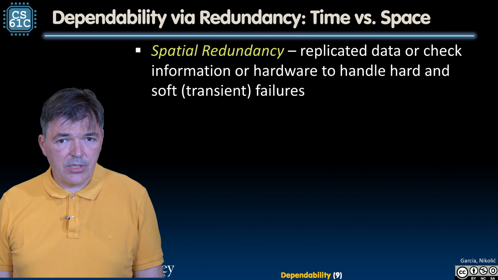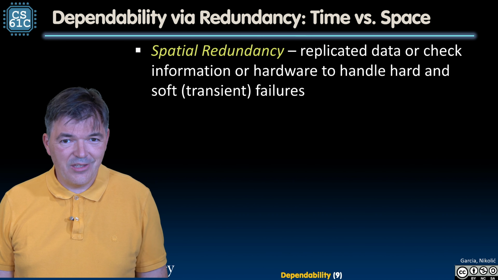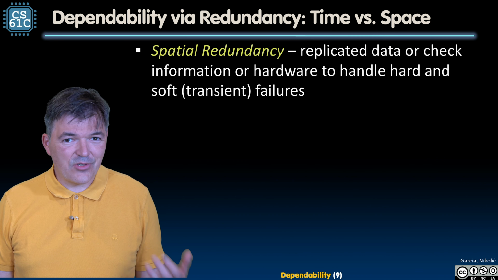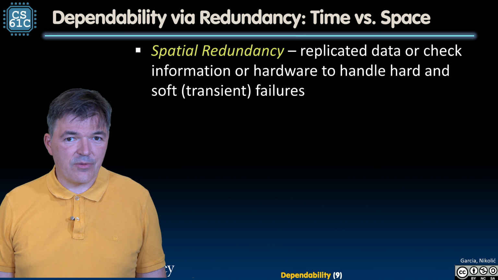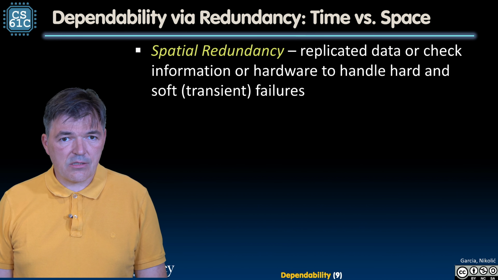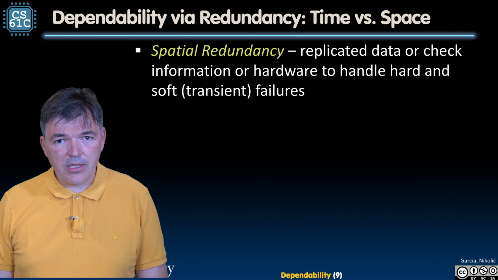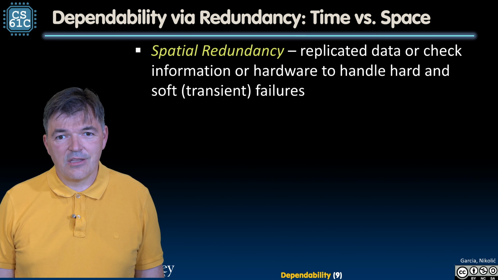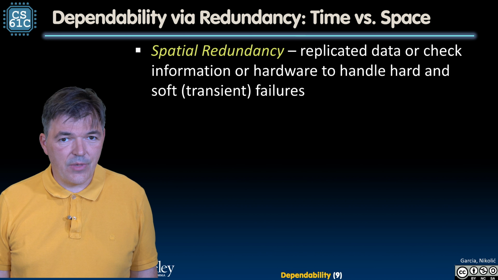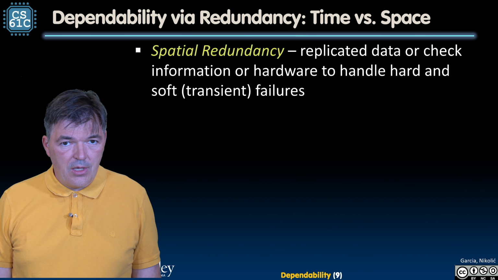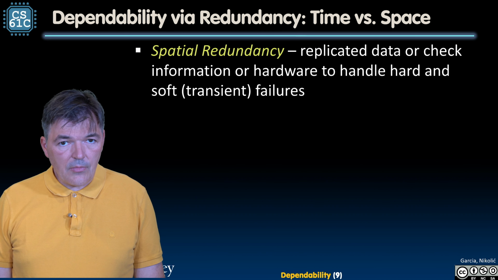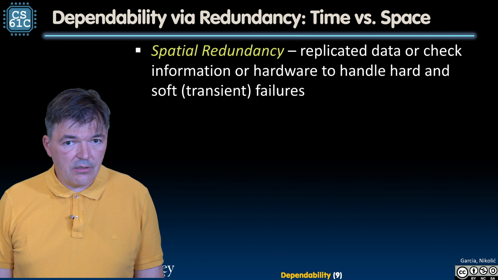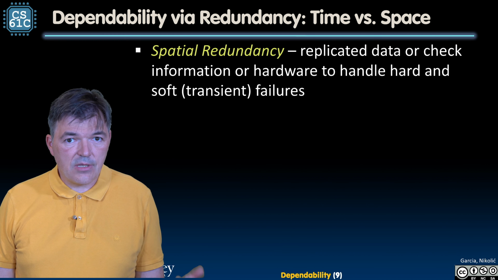In DRAM, more commonly, we are going to have some kind of an algebraic way of adding redundant bits such that we can recover from temporary errors. In hard disks, we are often keeping redundant devices that are going to help us recover from any kind of failure. So replicas of data are essentially spatial redundancy.